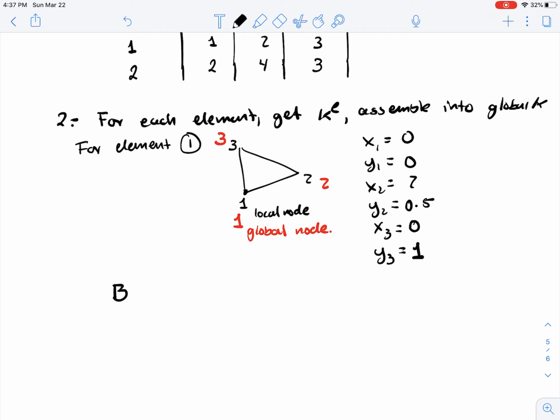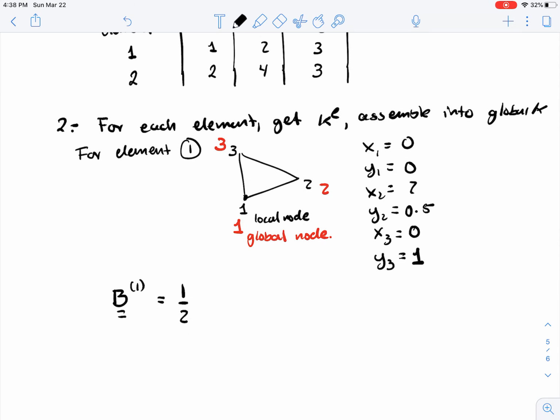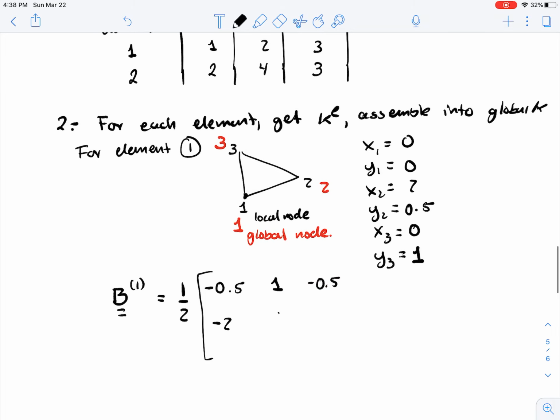Given these coordinates, I can assemble the B matrix for element 1, and I have it calculated already. That is just going to be 1 over 2 times the area of the element, which is 1 in this case, times minus 0.5, 1, minus 0.5, minus 2, 0, and 2.